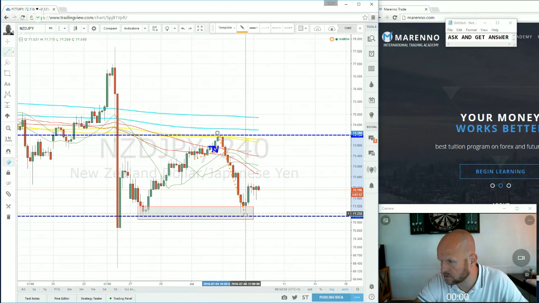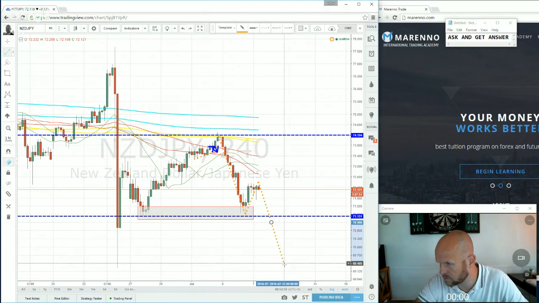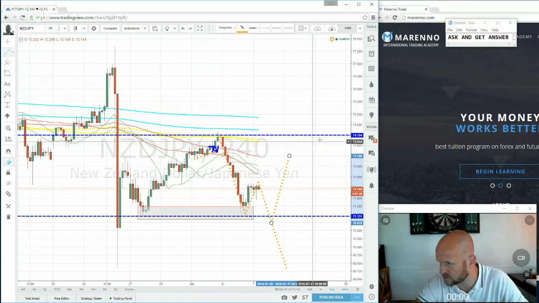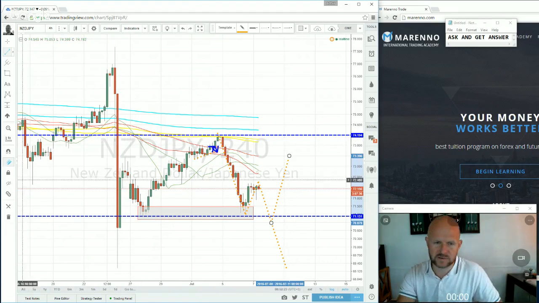What I'm trying to say is that at least it will clear this level, and then it will possibly go towards here, or when both of these levels are cleared, the price can bounce off here and go up toward this level, 74,194. Okay, so that's what we do.